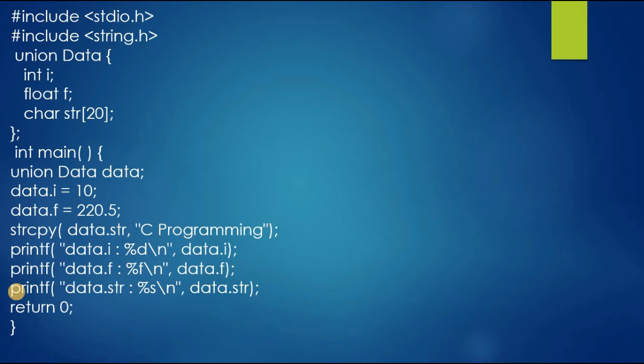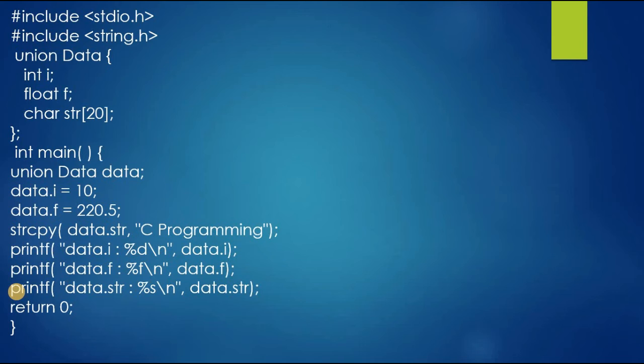First, in the program we defined the union, then we wrote the main function. Inside the main function we used the union Data, and data.i is equal to 10 and data.f is equal to 220.5. Then we used strcpy where data.str in brackets we gave "C Programming".